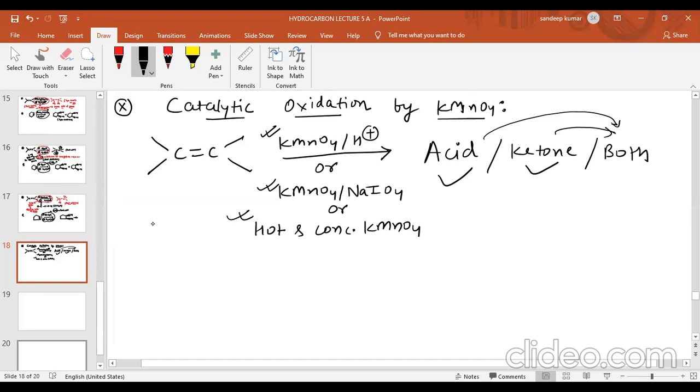Now see the hint, the trick for this reaction. What is the trick?